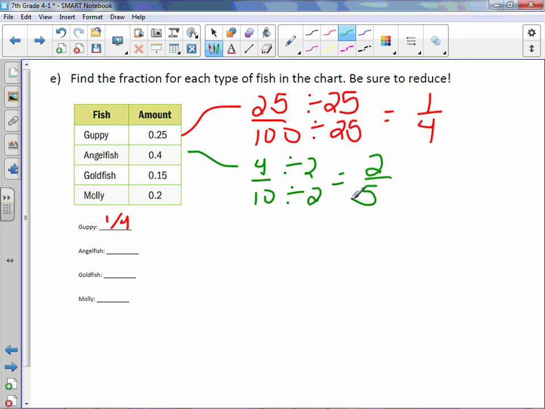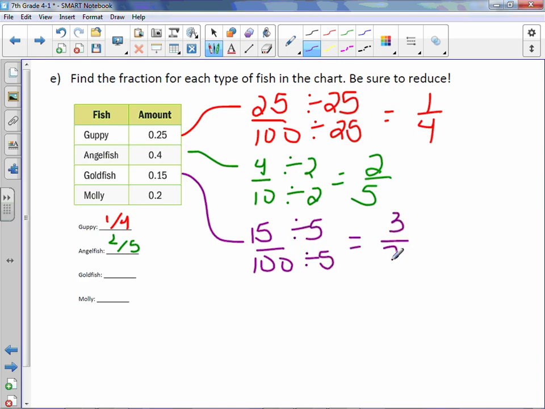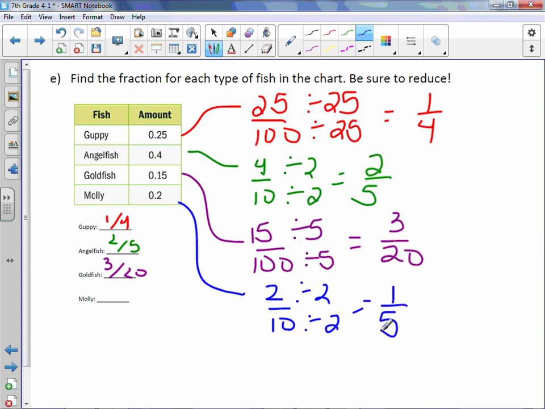So the angelfish is 2/5. The goldfish is 0.15 or 15 hundredths. Divide numerator and denominator by 5, and we get 3/20. And lastly, a molly is 0.2 or 2/10. Divide numerator and denominator by 2 to get 1/20.